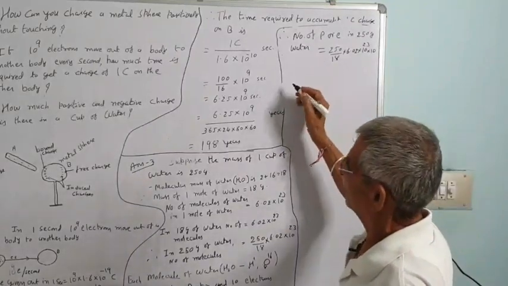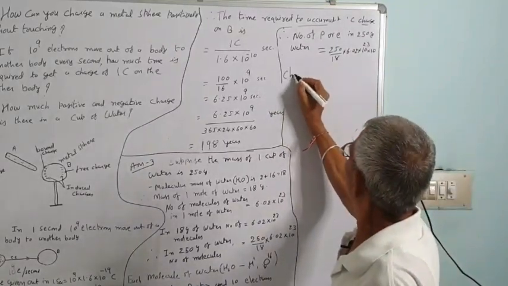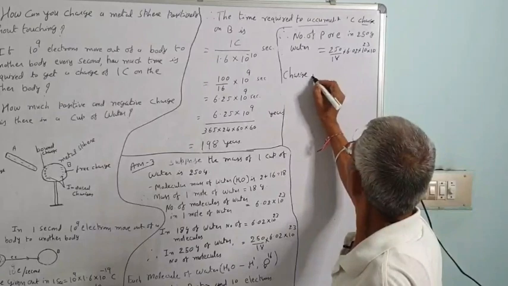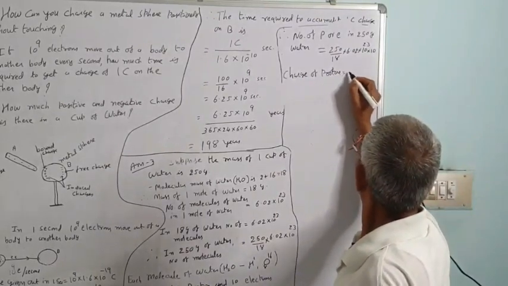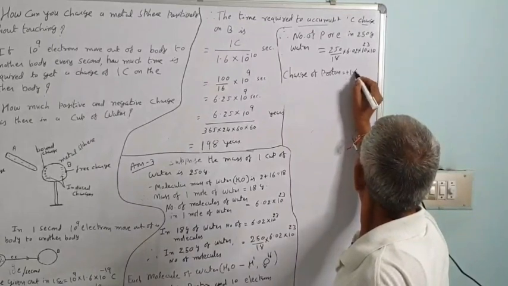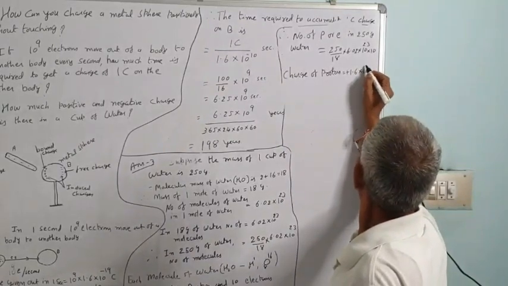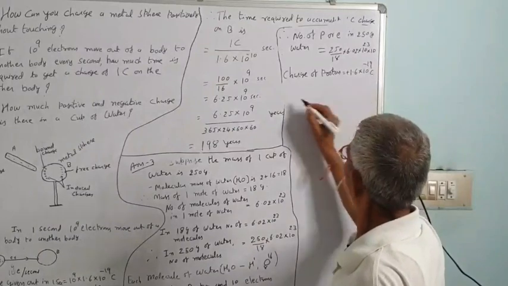Now, the charge of a proton is plus 1.6 into 10 raised to minus 19 coulomb.